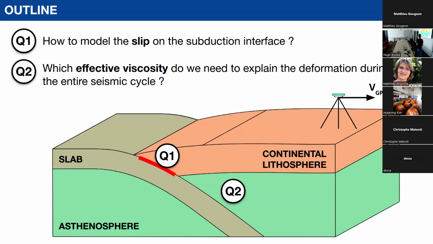The first one is how to model the slip on the subduction interface to reproduce the current deformation measured with the GPS. And the other question is, which mechanical model do we need in the asthenosphere to make the link between what is occurring here and what we are observing here?